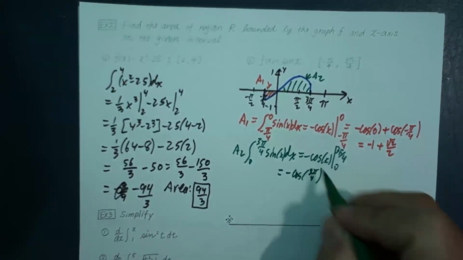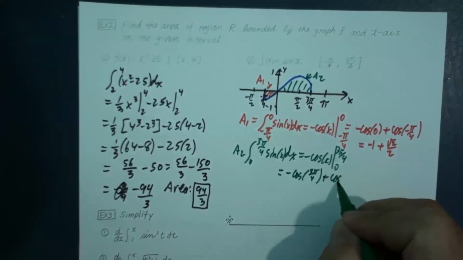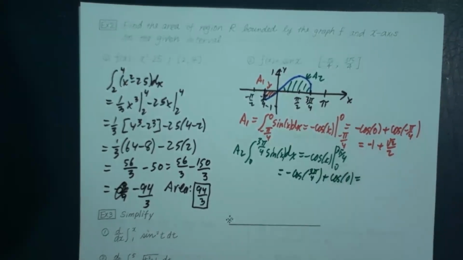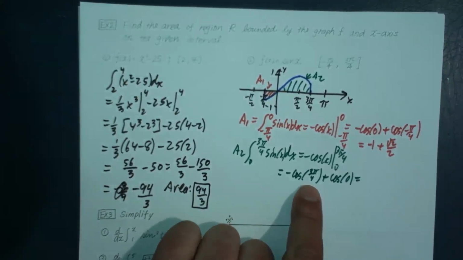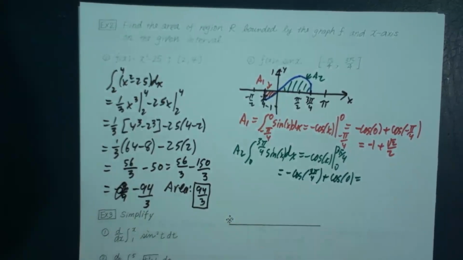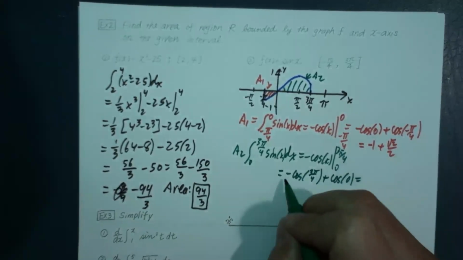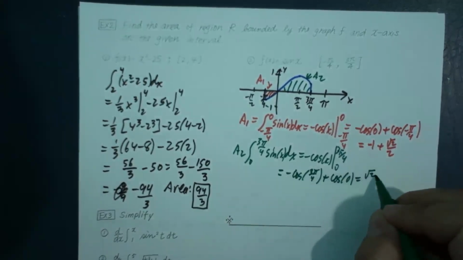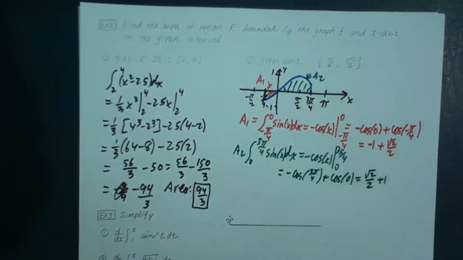That becomes minus minus, so we get plus the cosine of 0. Now 3 pi over 4 is in quadrant 2, and cosine is negative in quadrant 2. So this is actually going to give us a negative negative again. This is going to be a positive root 2 over 2 plus 1.